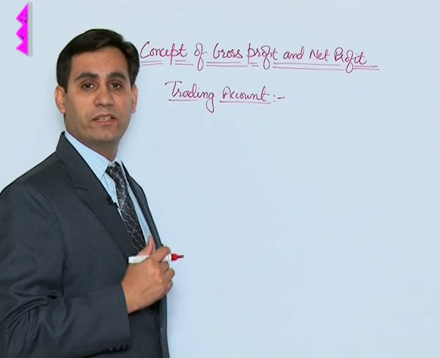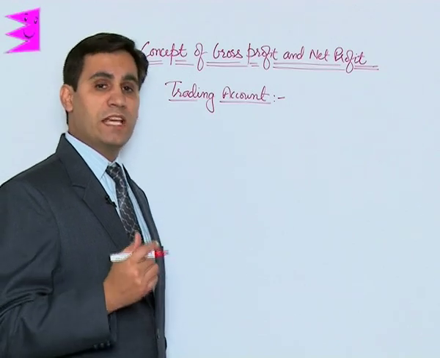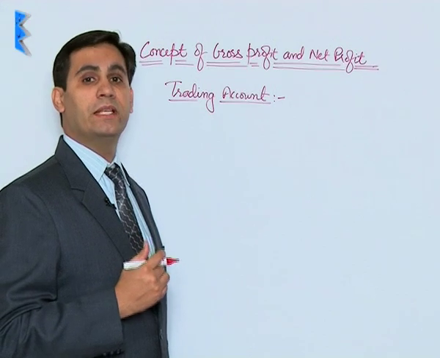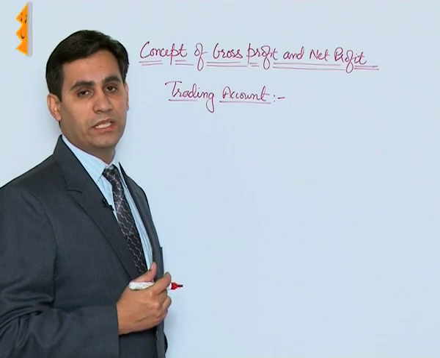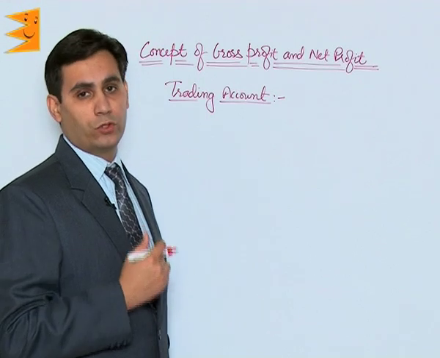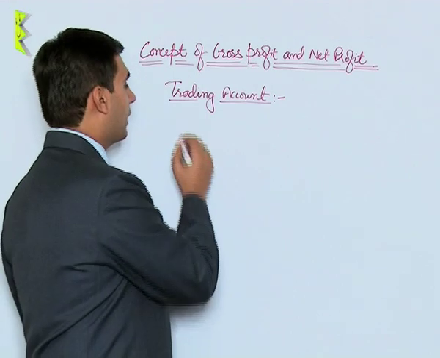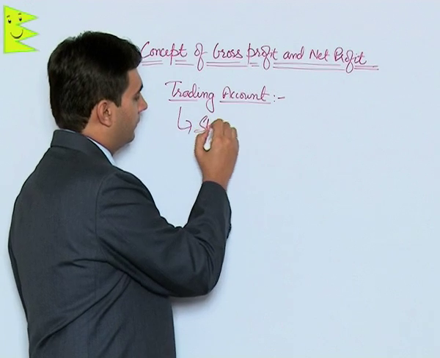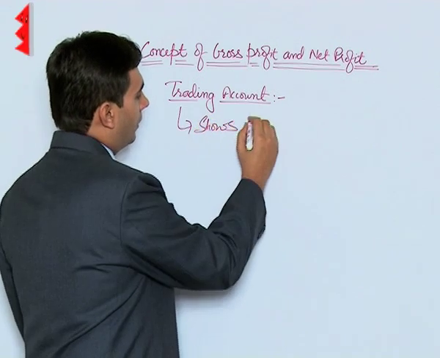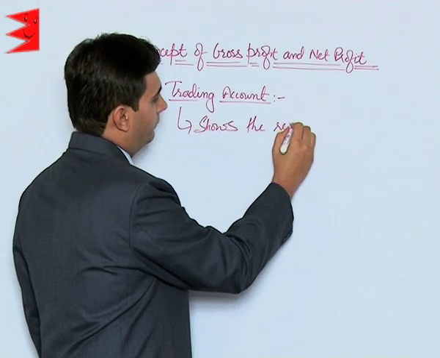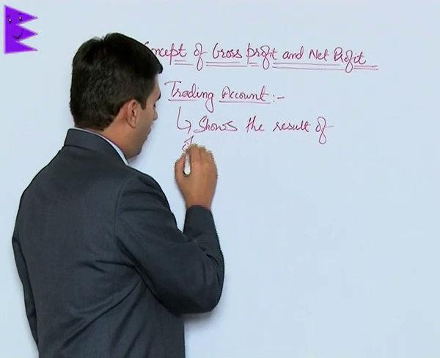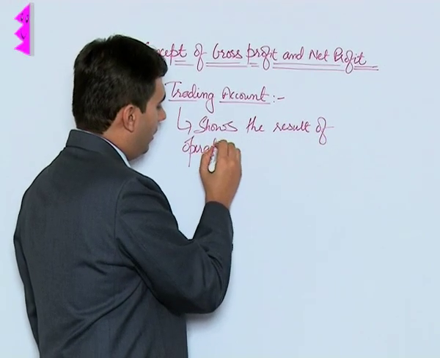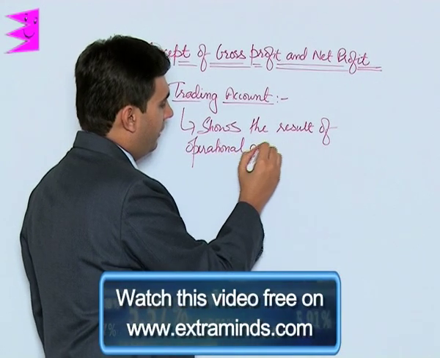And by operational activities, we mean in case we are a manufacturing firm, then out of manufacture of goods, and in case we are a trading firm, then out of selling of those goods. So trading account shows the result of operational activities of the business.